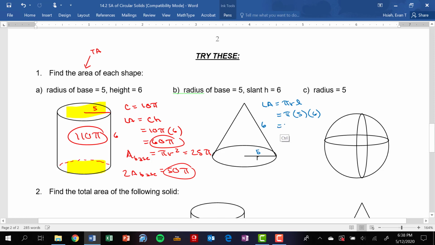And so that's going to be 30 pi. And I need to add the base, so the area of the base is equal to, again, 25 pi. Add those together, so the total surface area is equal to 55 pi.